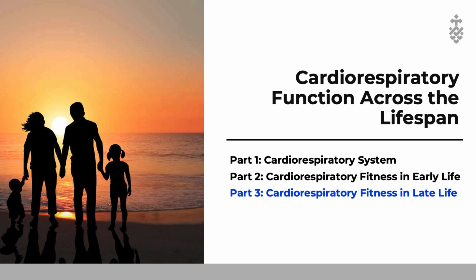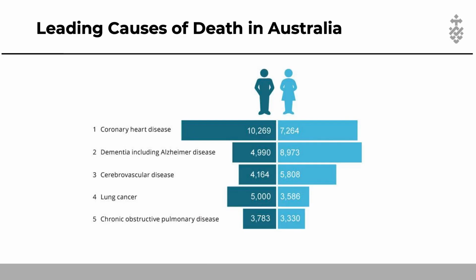We're going to now look at how cardiorespiratory fitness influences our health and our physical performance in late life, so older adulthood. Here we're looking at the leading causes of death in Australian men and women. Overall, coronary heart disease is the leading underlying cause of death in Australia, closely followed by dementia, which includes Alzheimer's disease.